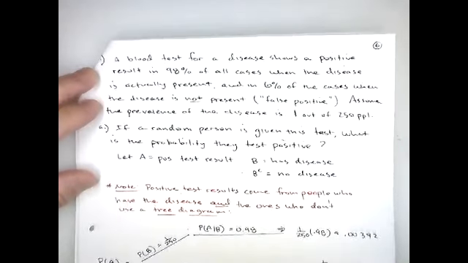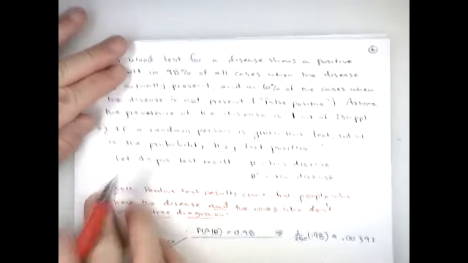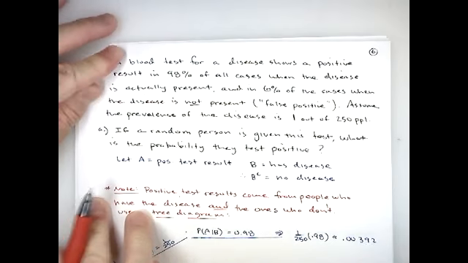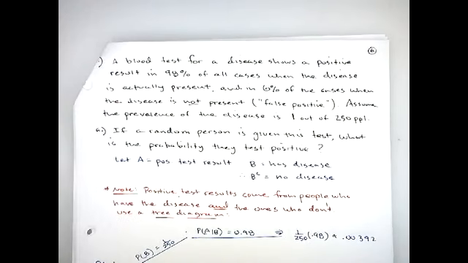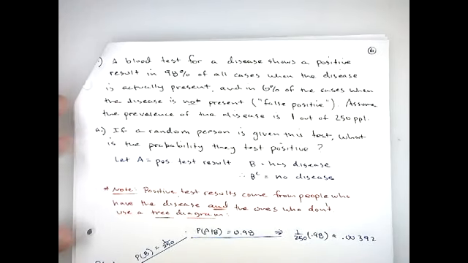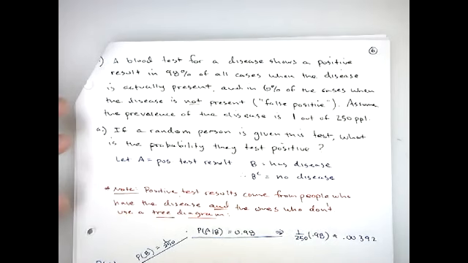Last question here, but it's a big one. Let's say you're a doctor. After you get your degree, you're going to be a doctor, and you might be giving your patients diagnostic tests to detect diseases.